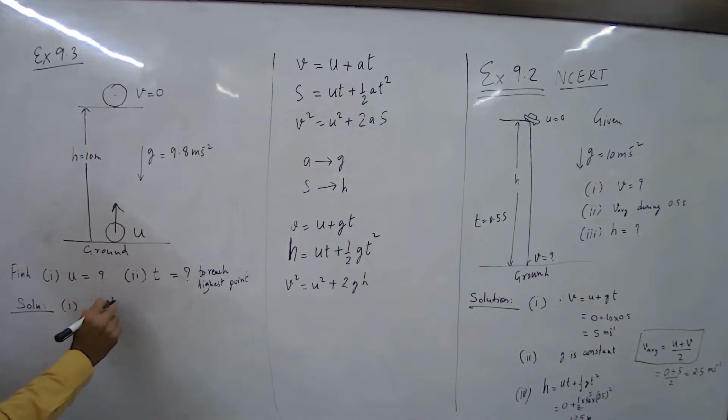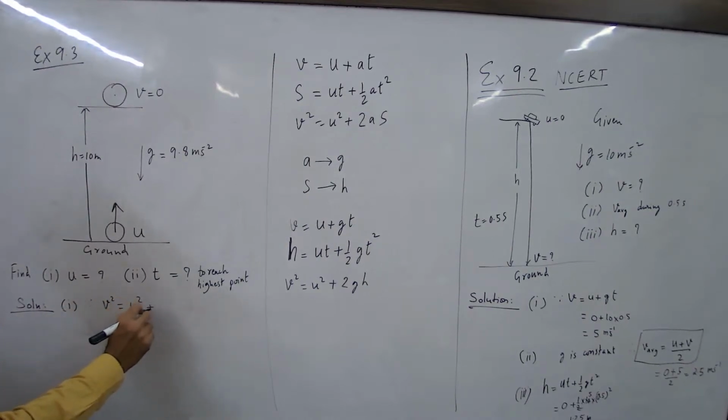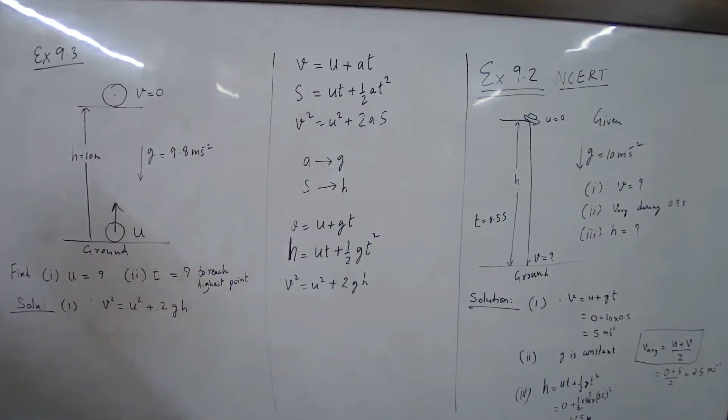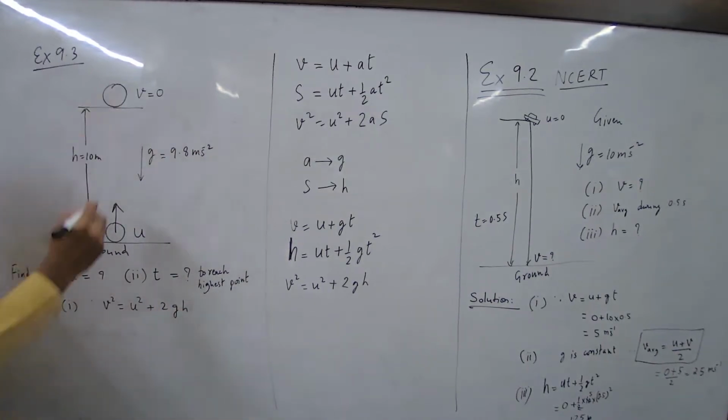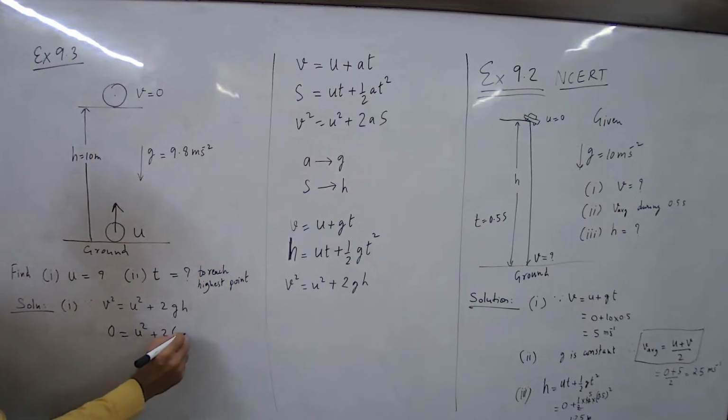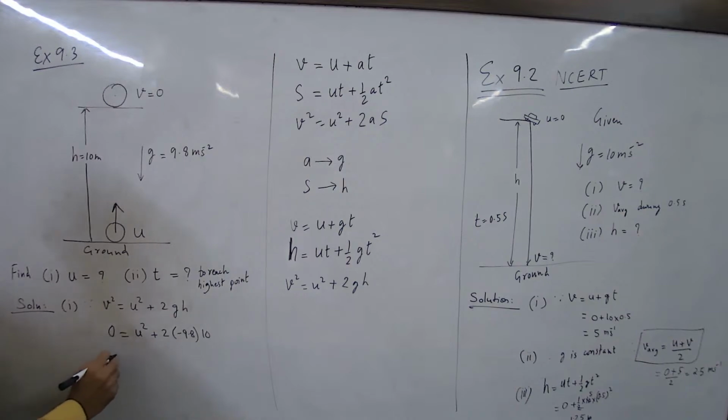So first, solution. Since V square is equal to U square plus 2GH. Now what is V square at the top? We know it is 0. U square you have to find out, plus 2. Now what will be G? You have to take minus 9.8. H is 10. So rearrange. So therefore U square will be equal to minus will become plus now.